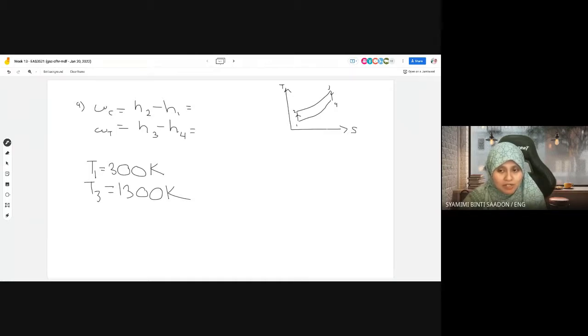Assuming compressor efficiency of 80% and turbine efficiency of 85%, the compressor efficiency is 0.8 and the turbine efficiency is 0.85.